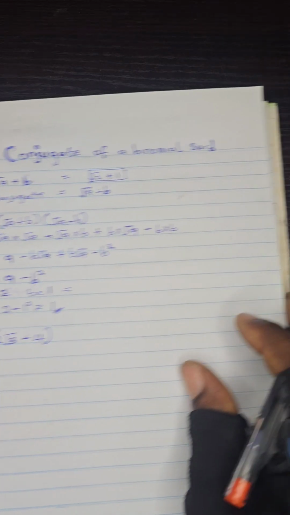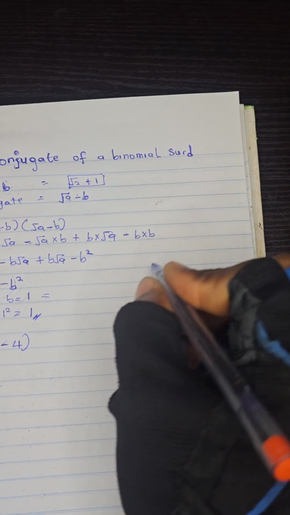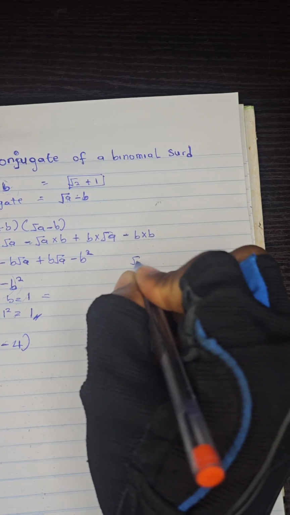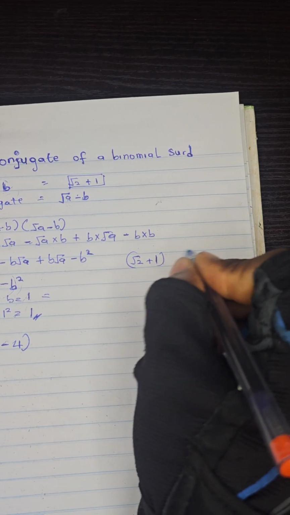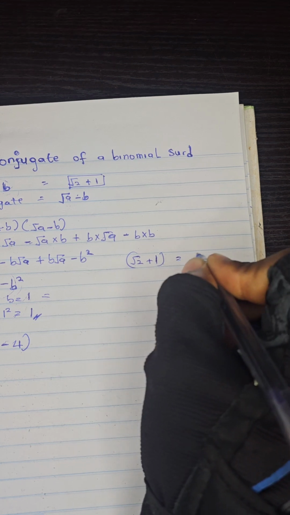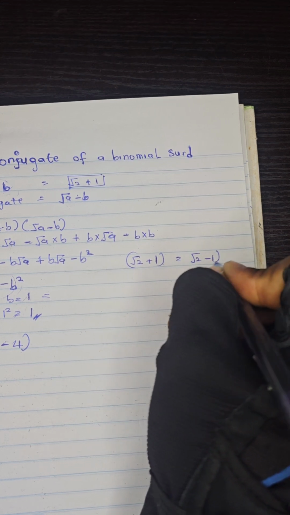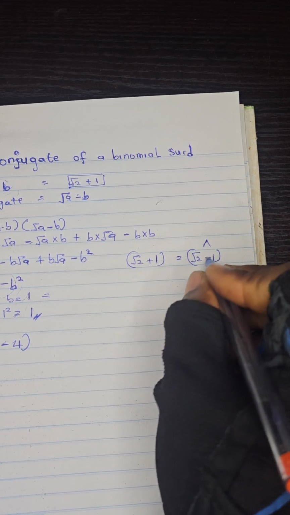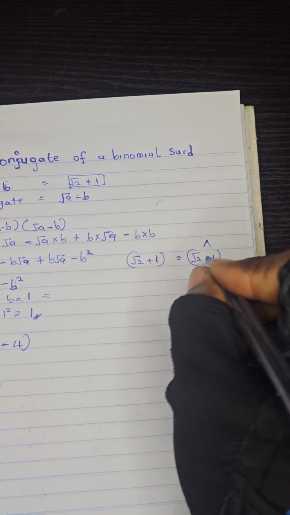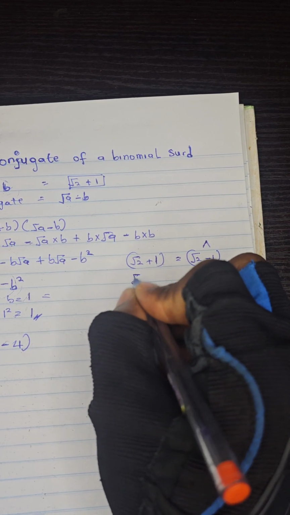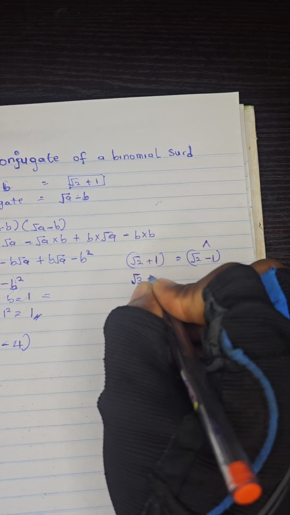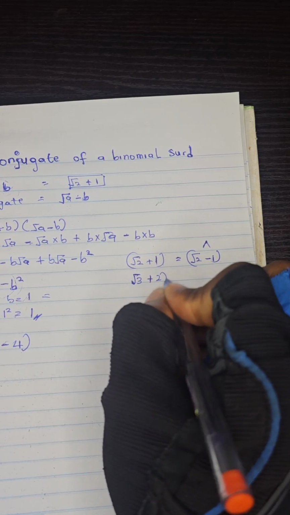So let's give a few examples. Let's say you have, for example, root 2 plus 1. What will be the conjugate? It will simply be root 2 minus 1. Just change the sign. Leave the number the way it is and change the sign. Let's say you have root 3 plus 2.